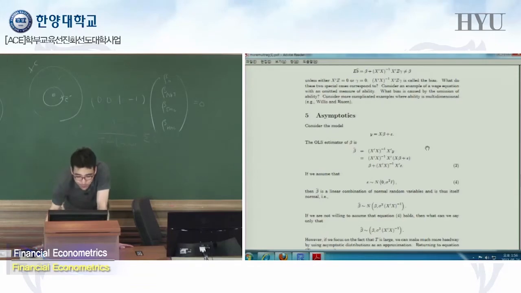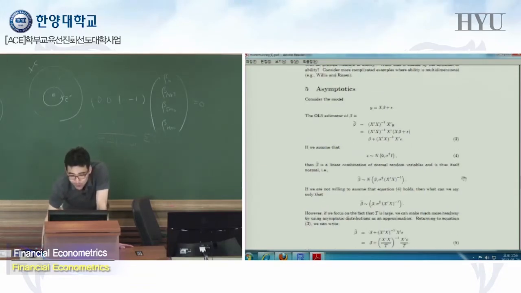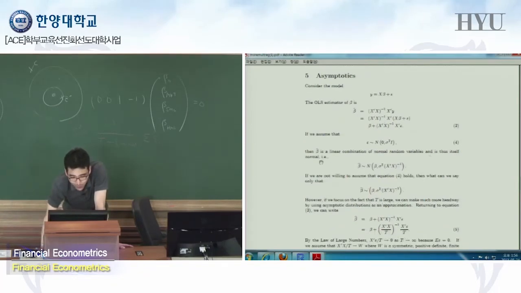And now suppose epsilon follows a normal distribution in which the mean is 0 and the variance covariance is sigma square I. Then beta hat is a linear combination of normal random variables and is thus itself normal.